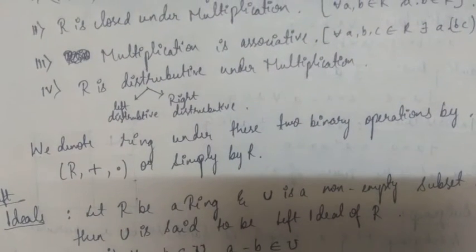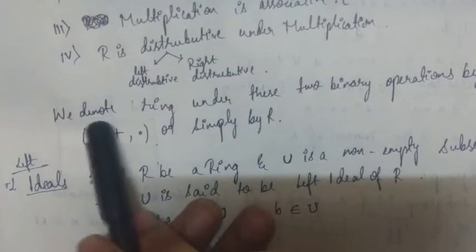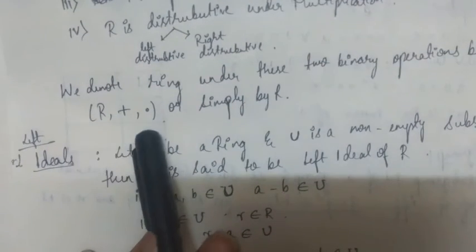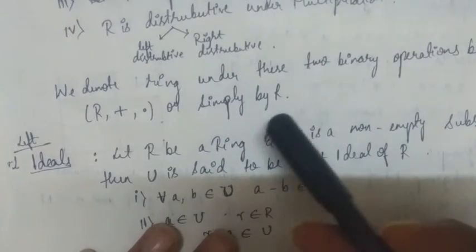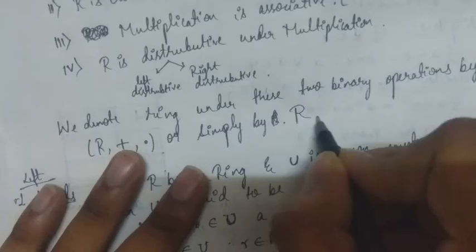We can see left distributive and right distributive laws under multiplication. So we denote a ring under these two binary operations by R, plus, star, or simply by R.